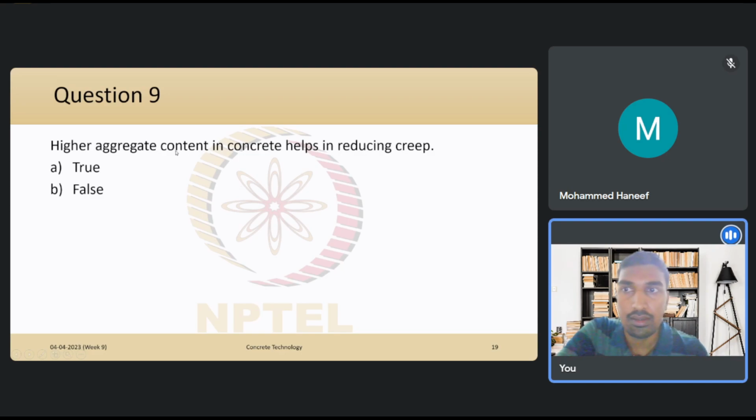Okay, question 9, true or false? Higher aggregate content in concrete helps in reducing creep. So you have to say whether it is true or false.